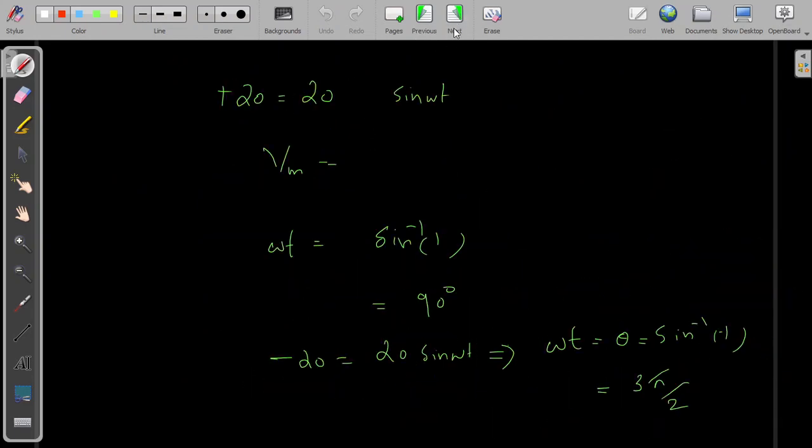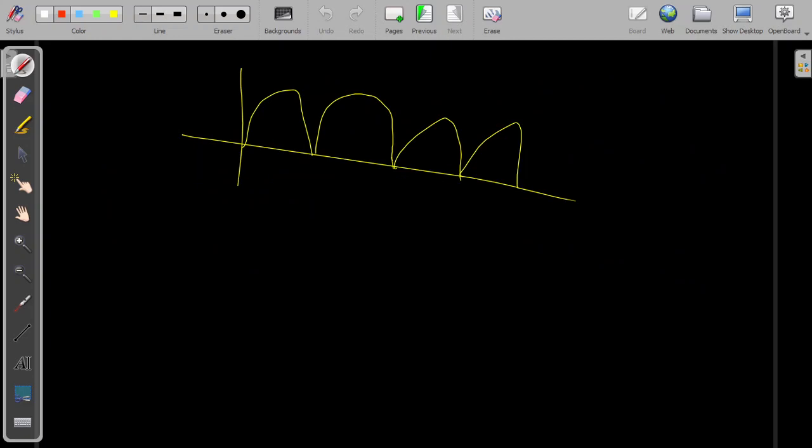And if you consider another waveform like this, this is the voltage waveform V, and the maximum value of that waveform is capital Vm. This is omega t on the x-axis. This is 0, this is pi by 2, this is pi, this is 3 pi by 2, and this is 2 pi. In this case, the waveform is repeating after pi.